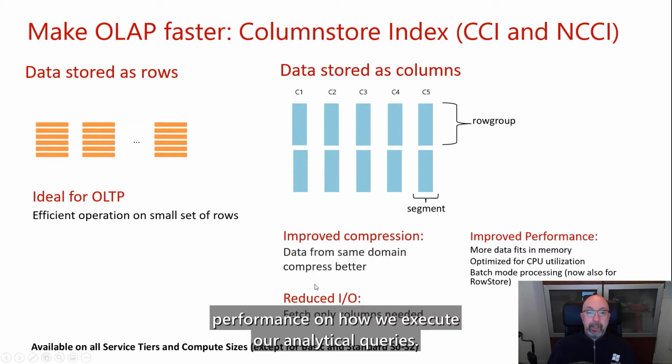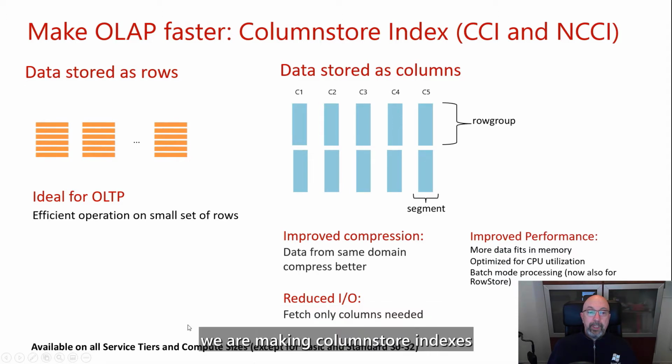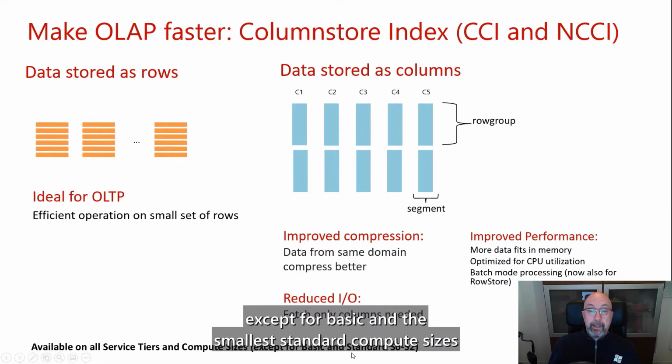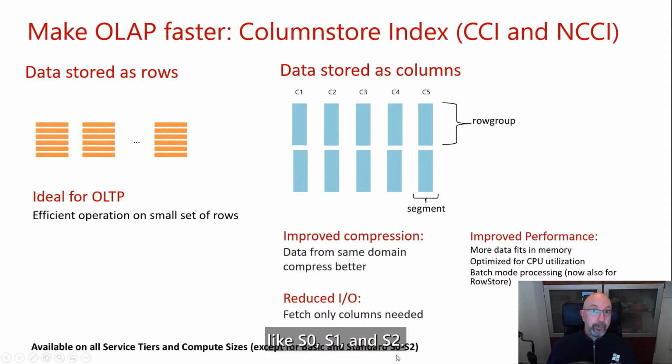our analytical queries. It's important to understand that for Azure SQL, we are making column store indexes available on all service tiers and compute sizes, except for basic and the smallest standard compute sizes like S0, S1, and S2.